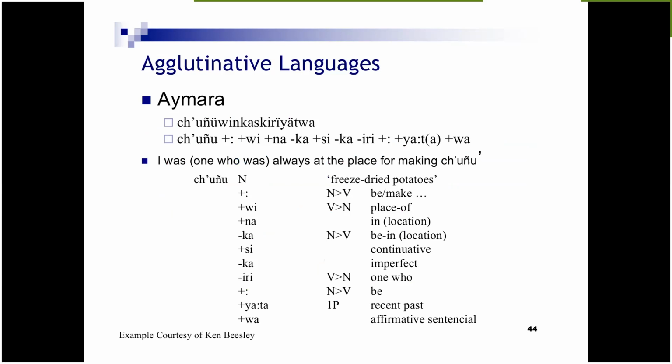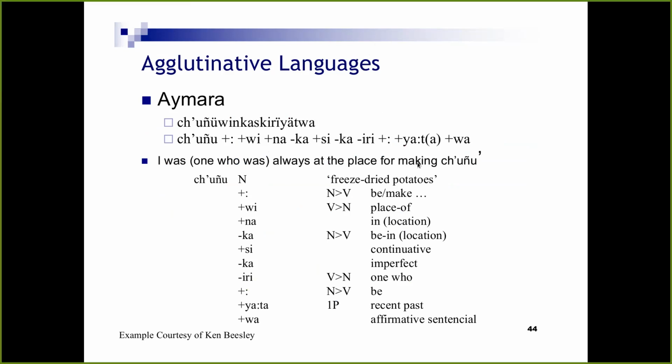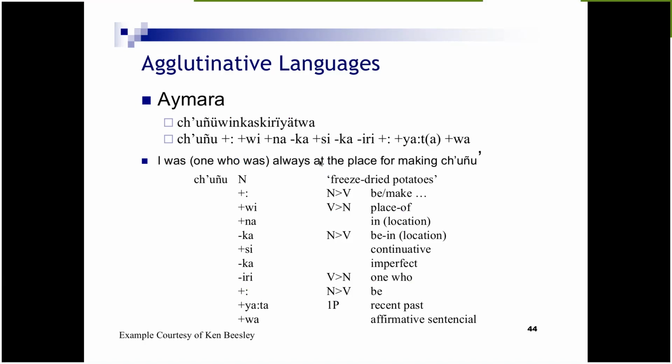These are other examples of languages that are agglutinative. You have a lot of morphemes that are added to the roots to make different meanings.